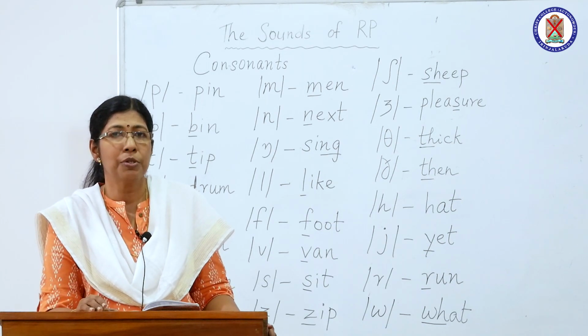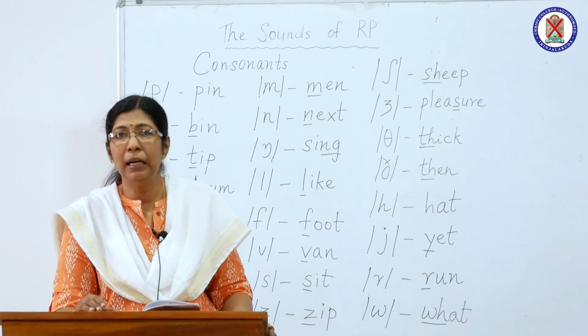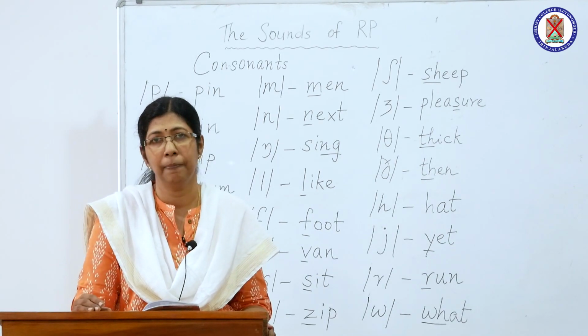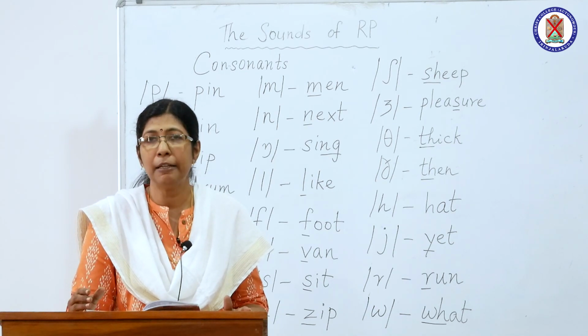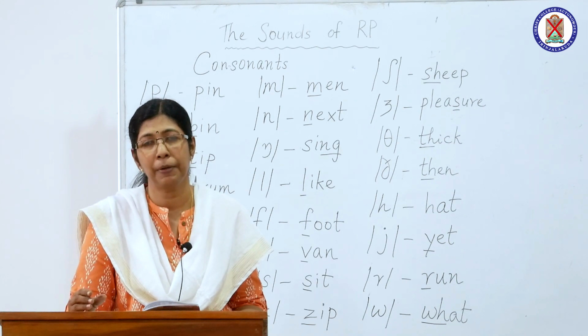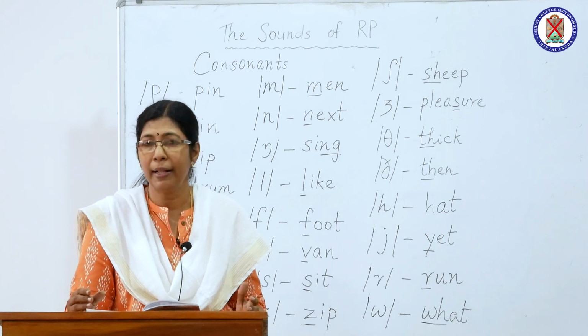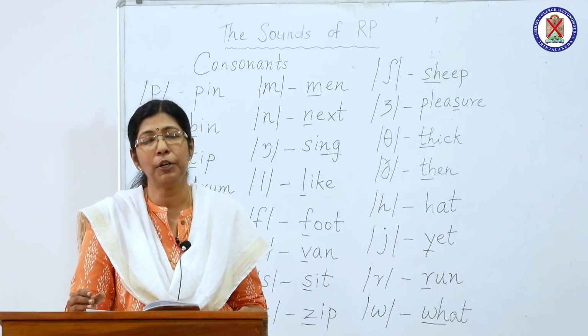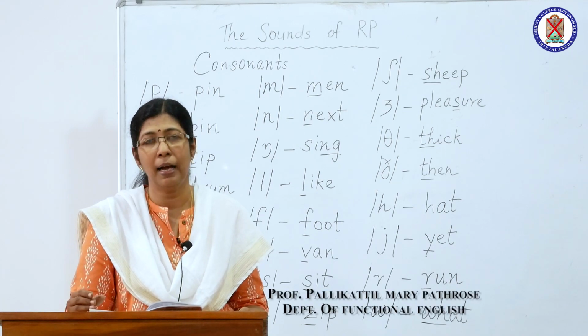And we also saw why it is essential that we learn this new alphabet. The 26 letters of English alphabet are insufficient to represent the 44 sounds of English. I also tried to tell you, or rather show you, how these 44 sounds, the 20 vowels and the 24 consonants, are pronounced. I hope you have understood the class.